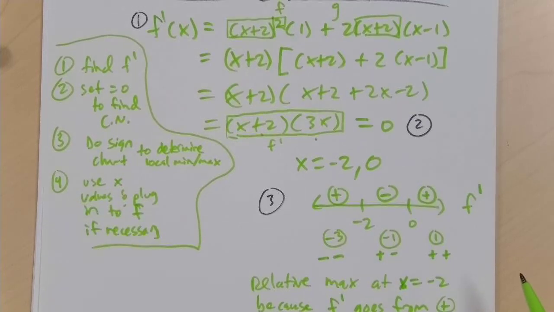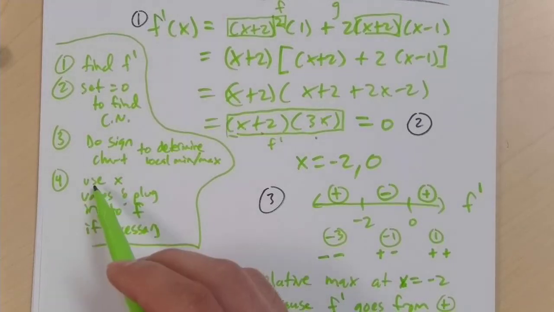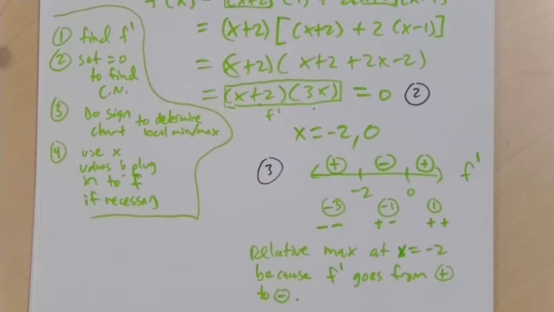Okay? Now, the fourth part is, if we actually want to figure out what that relative max is, this is part number 4, it's going to be the original function evaluated at -2.